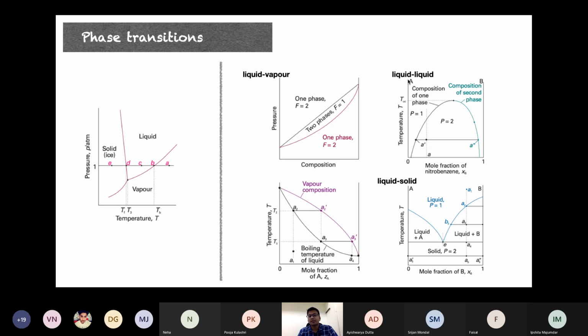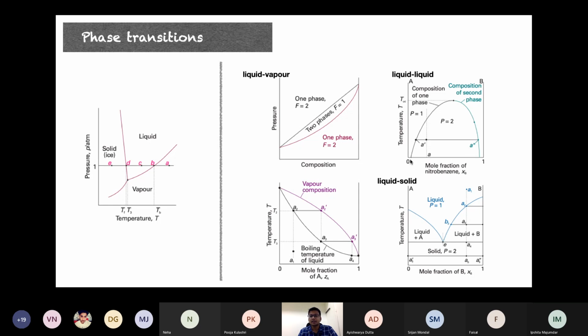For liquids, if you have a phenol-water system, a partially miscible liquid, you can draw this kind of curve. Here it is temperature versus mole fraction of nitrobenzene. I forgot the other component.